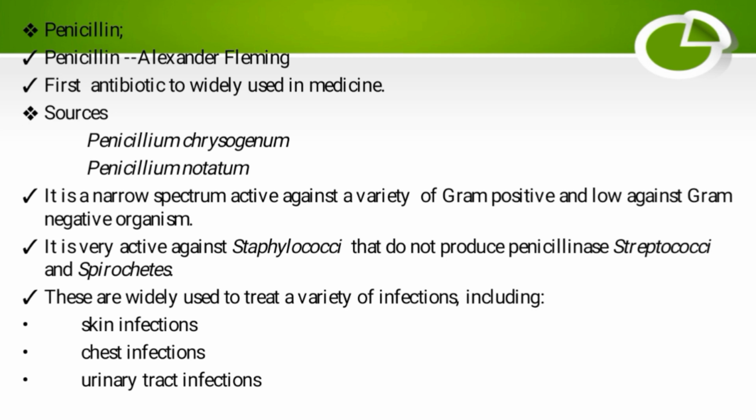It is very active against staphylococci that do not produce penicillinase, streptococci and spirochetes. These are widely used to treat a variety of infections, including skin infection, chest infection, and UTI, urinary tract infection.